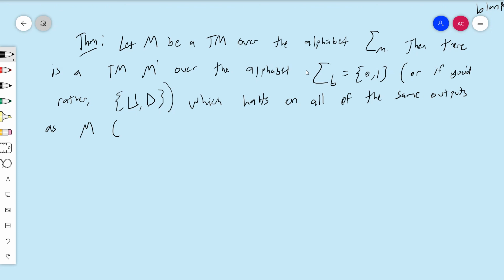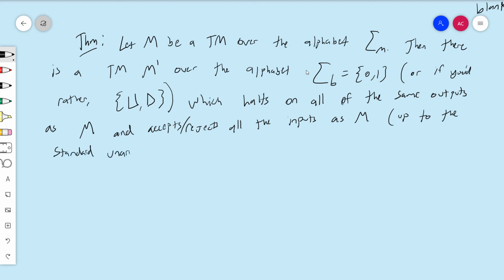It halts on all the same outputs as M, and accepts and rejects all the same inputs as M. Both of these are up to, of course, the standard unary encoding.